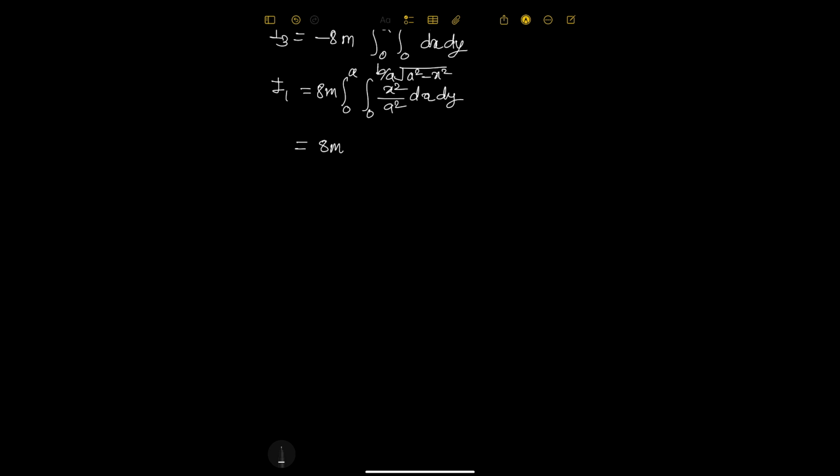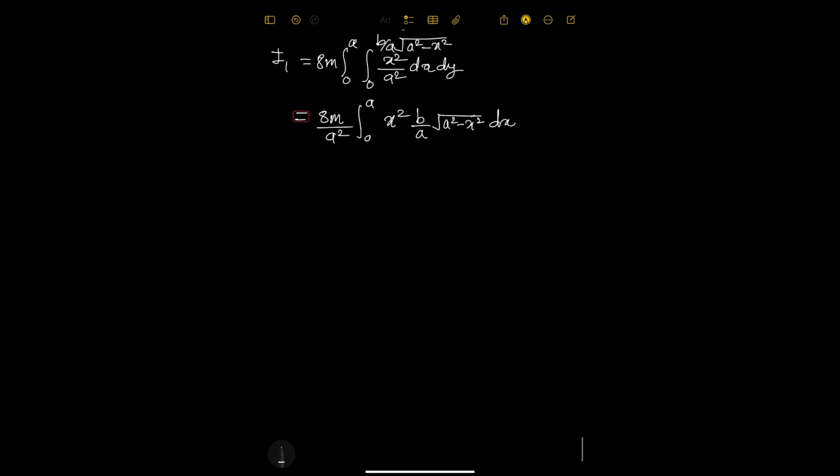We can write this as 8m by a square, integration 0 to a, then x square into b by a root a square minus x square dx.